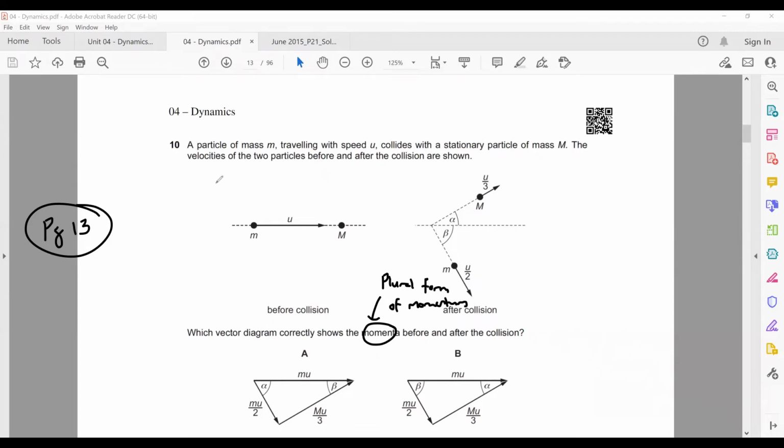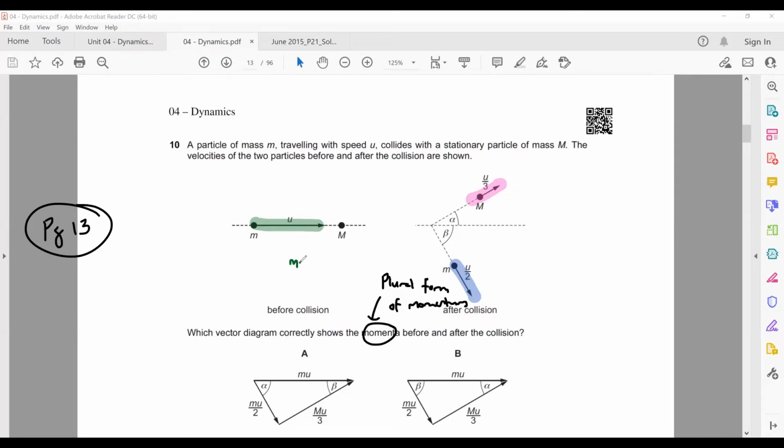So this one is the same example that I just gave you inside your notes. Whatever you have here, if you just look at it in terms of vector diagram, before collision, you have a momentum in this direction. And then after collision, you have momentum in this direction and in this direction. This one was just mu.